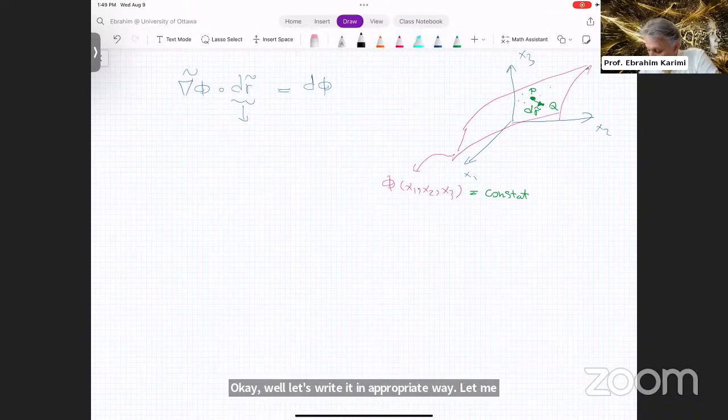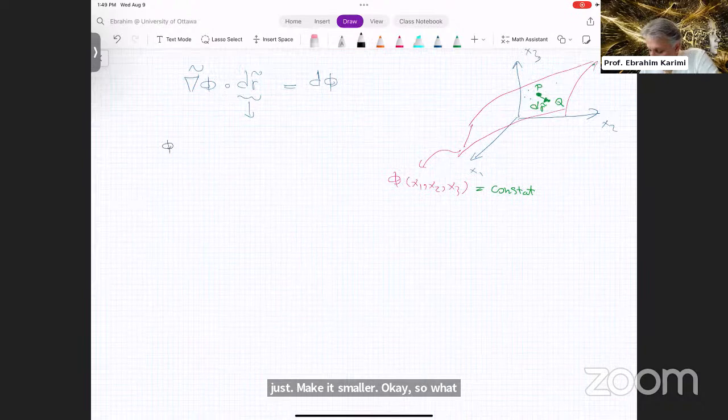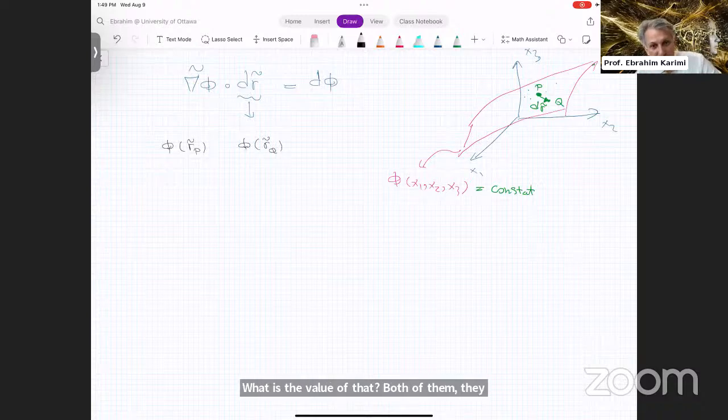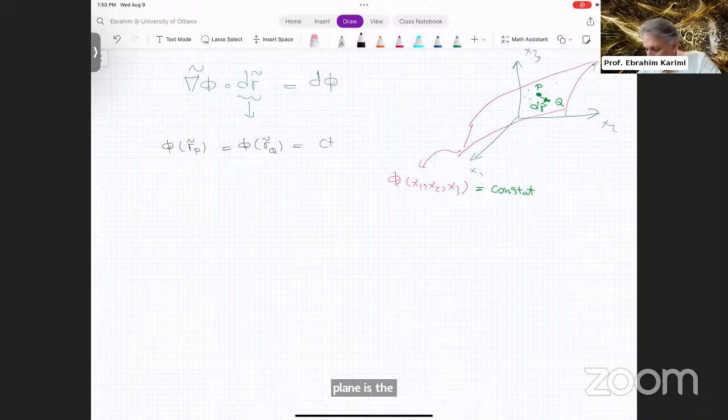What is happening with the phi of RP and phi of RQ? What is the value of them? Both of them are on the same surface, right? Both of them are on the same plane, which is the phi constant. So both of them are identical and they are a constant.